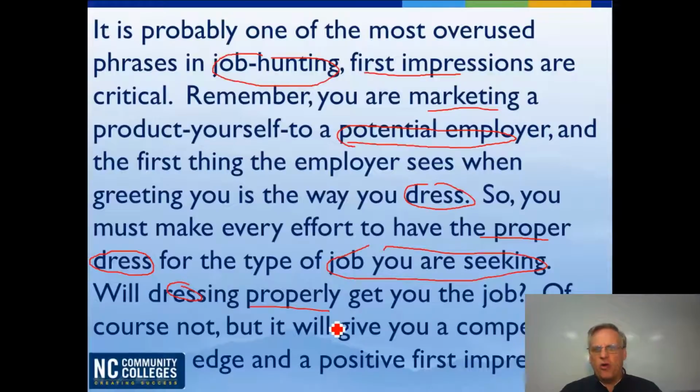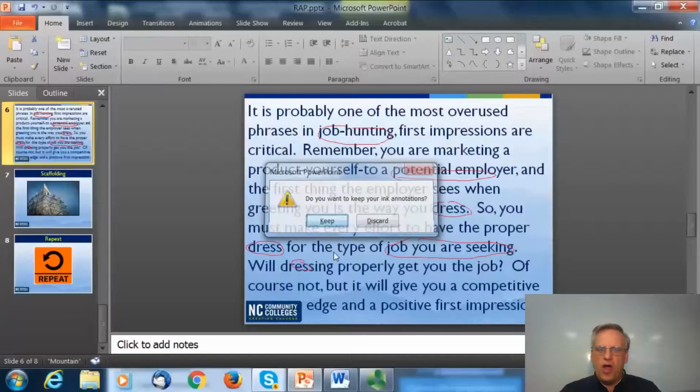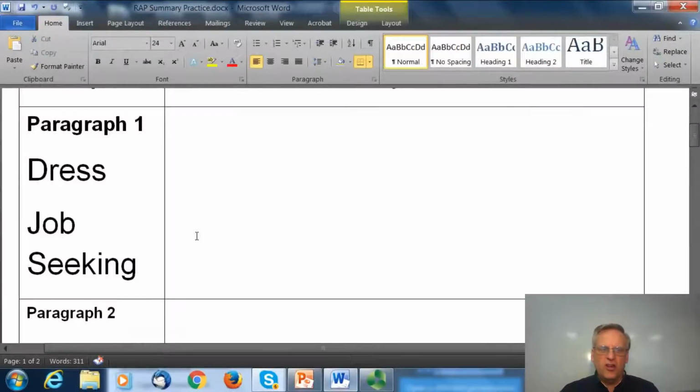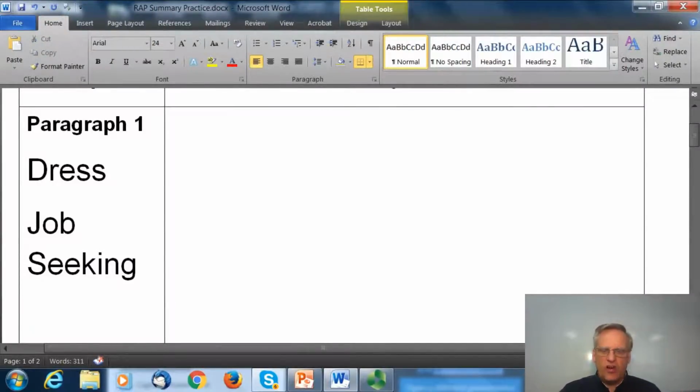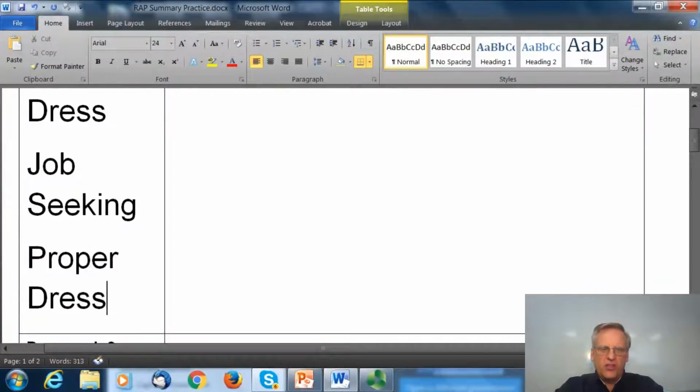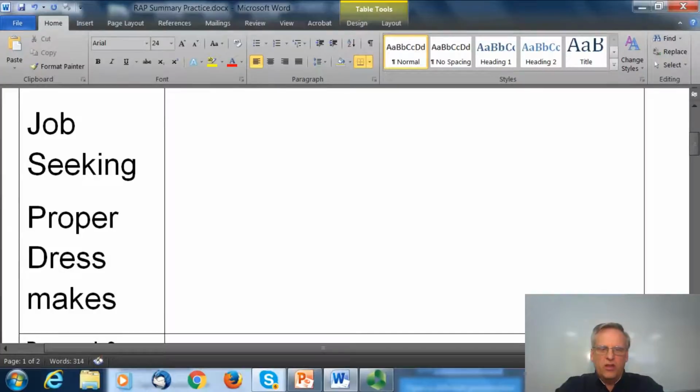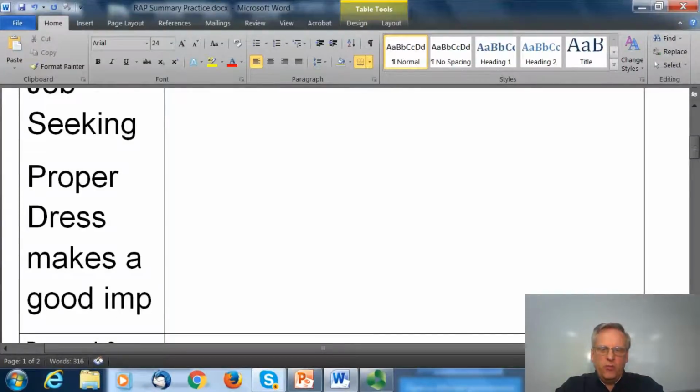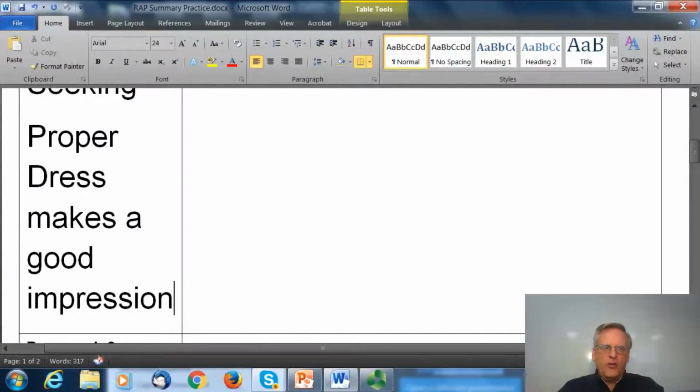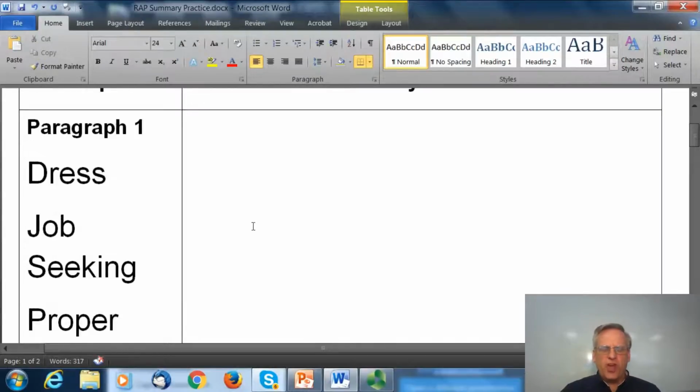So our theme, dressing for job hunting, and what it is saying is that dressing properly makes a good first impression. So let's go back to our sheet here. So we're dressing for job seeking, and what it's always trying to say is that proper dress makes a good impression.